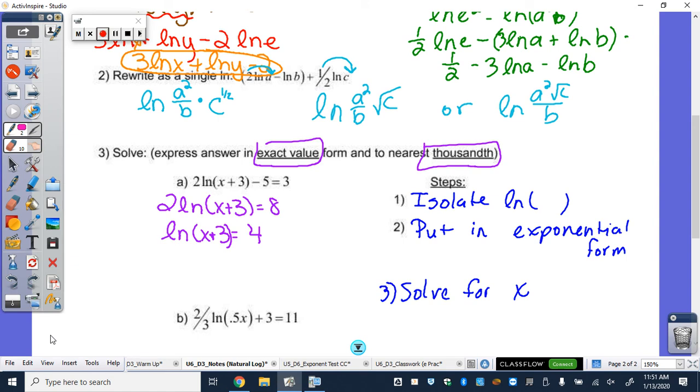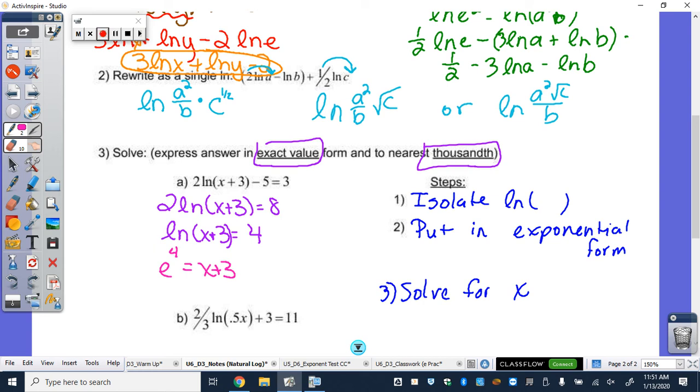We got the ln and then the parentheses, the x plus 3, that's all by itself. So now we can move on to step 2, where we're going to put it into exponential form. So again, with ln, what's our base? E. What is our exponent? 4. And it's going to equal x plus 3. E to the 4th equals x plus 3.